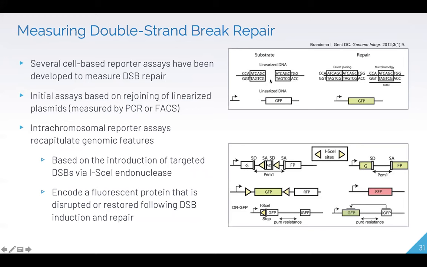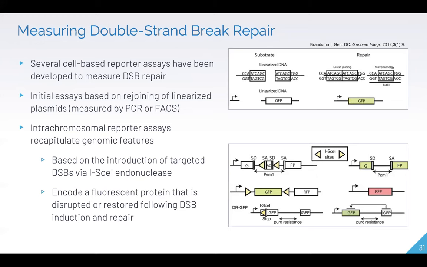You cut it in half, so that, for example, one end has a GFP fluorescent coding sequence and a promoter, and you linearize it so that GFP will never be expressed until you ligate these two ends together. To ligate them together, you need a repair system that will bring these two ends together and allow for the expression of GFP. So people are able to measure repair by simply measuring how many of the cells will express an intact green fluorescent protein, or any other fluorescent marker for that reason.